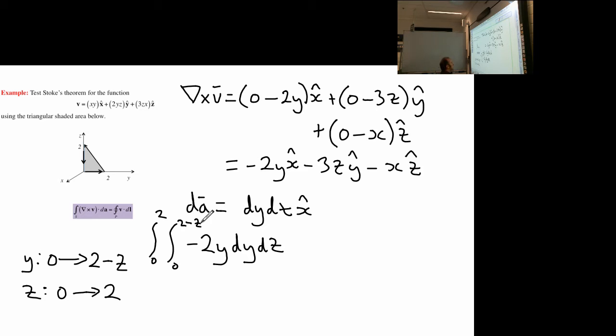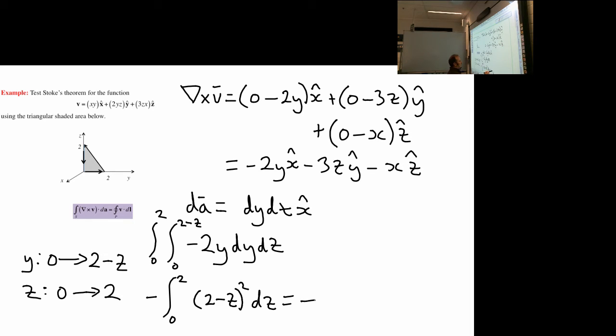Okay, so let's do the integration with respect to y first of all. So what we are going to get is minus, which I'm going to put on the outside, we have 2y squared over 2. So now we've got y squared, and we substitute for y, so you have 2 minus z all squared dz.